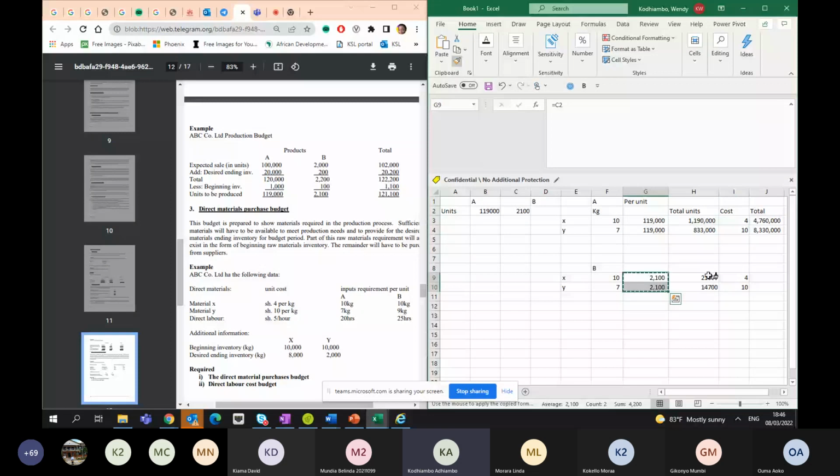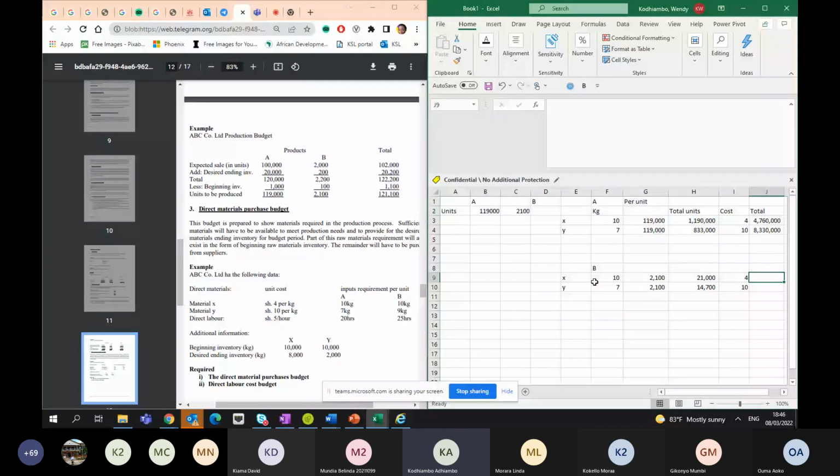Then same thing. So basically think of it like this: say, ice cream.